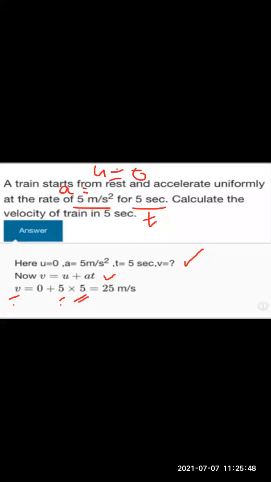So the final velocity comes out to be 25 meter per second. Kindly solve this problem in your books.